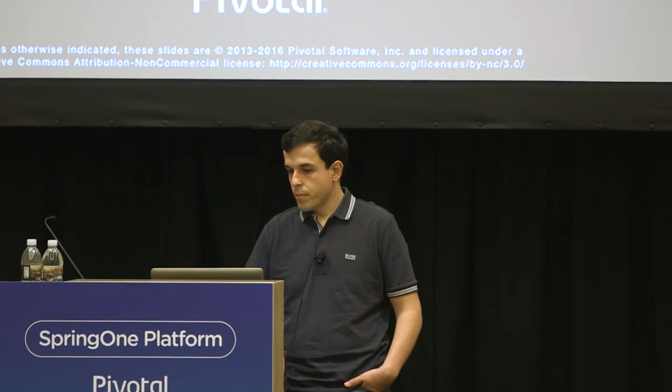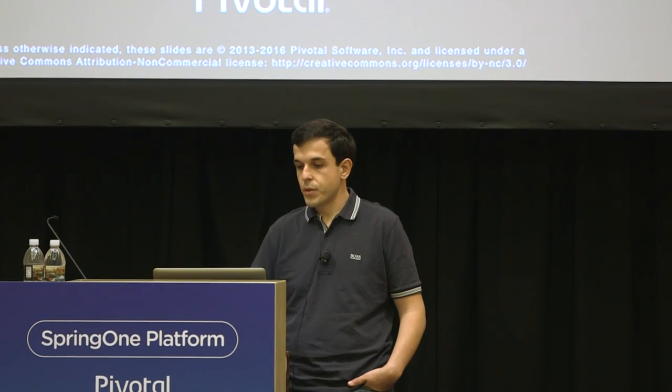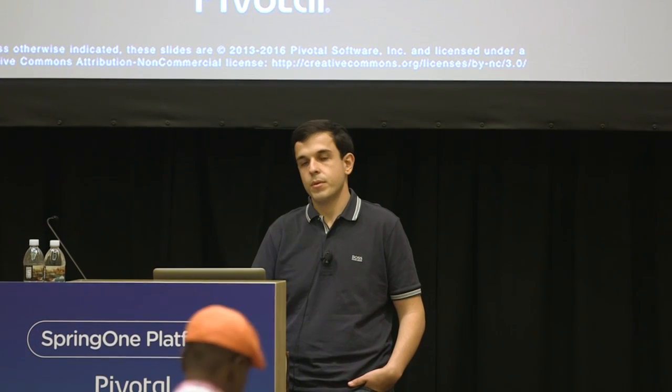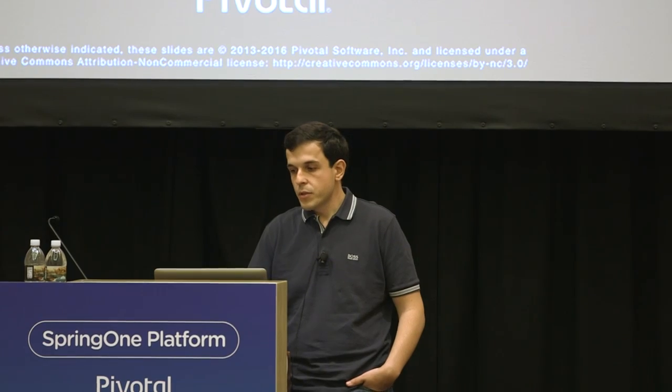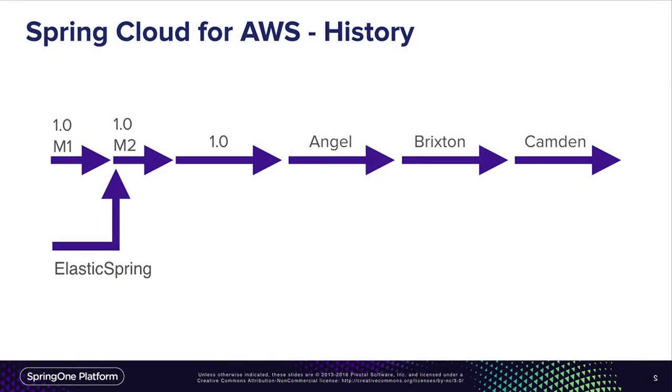And in my talk, I'm going to show my experience running applications on AWS. Spring Cloud for AWS, a very short history, is part of the Spring Cloud project. I used to build that internally. It had been called Elastic Spring. It is now Spring Cloud for AWS, renamed to be part of the Spring Cloud umbrella.